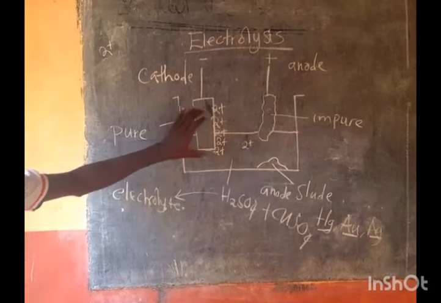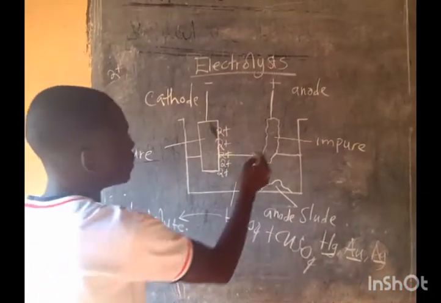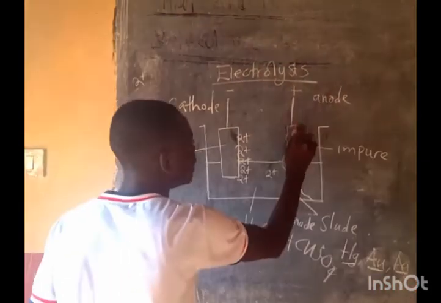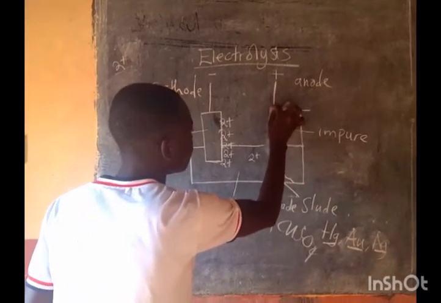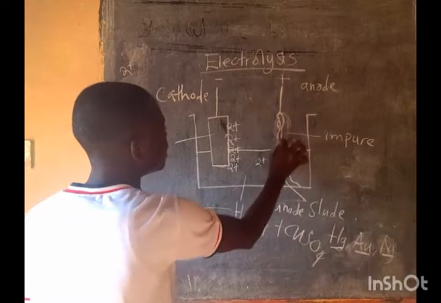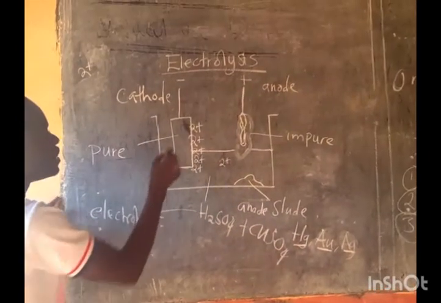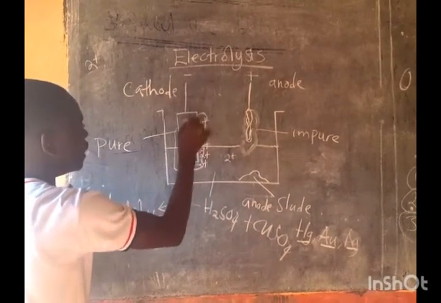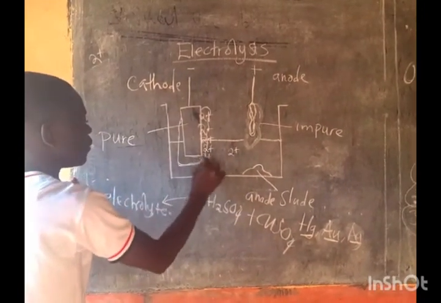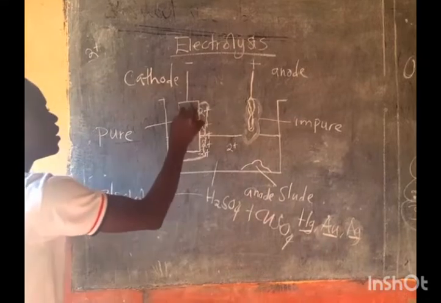You will find that this impure copper will become a little bit smaller as compared to the one that we started with. And then you will find that this pure copper will be a little bit fat or big.